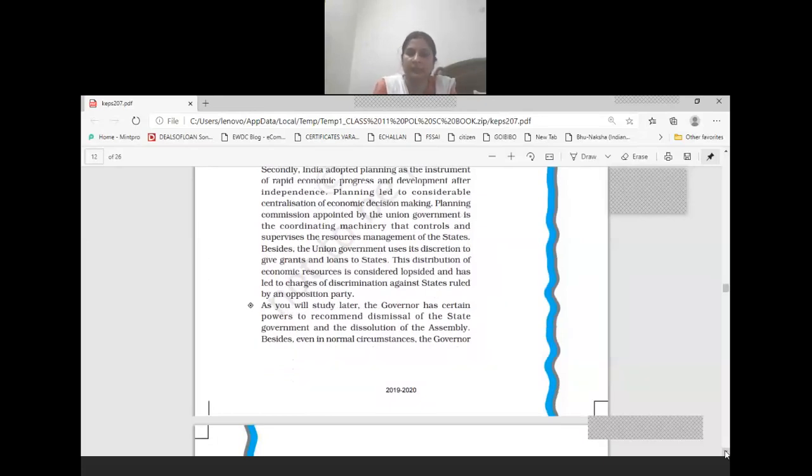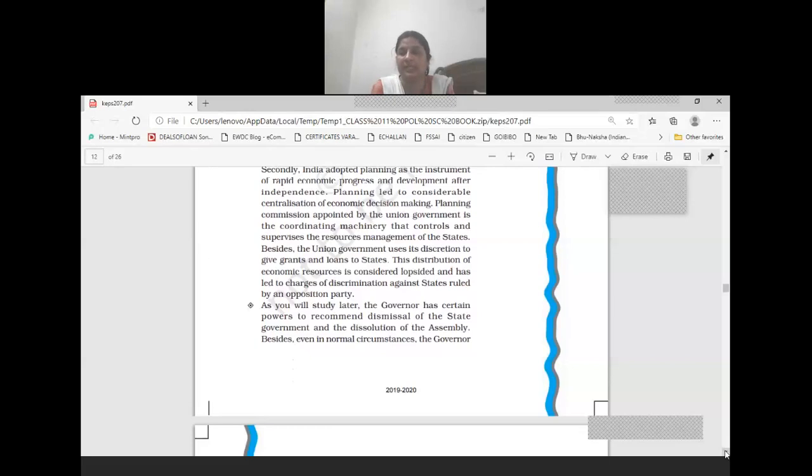And then the next point which we have discussed is the role of the governor. The governor is the executive head of the state, and the governor plays the role of the agent of the center.